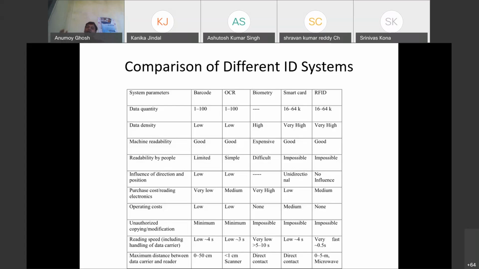The RFID system has very high data density, such that the RFID reader employed in the speed limit board will be able to communicate with, say, 10 cars at a time. So for the 10 cars passing in a chunk, the speed limit will come down to 30 km per hour for all of them.